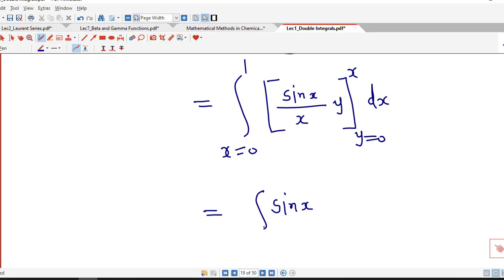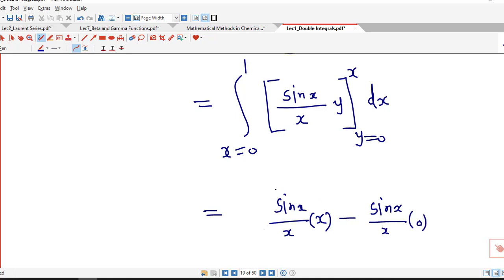So we can write one more step. First we consider y equal to x. For the upper limit, sin x by x into x minus sin x by x into 0, that is y equal to x minus y equal to 0, and x is from 0 to 1.